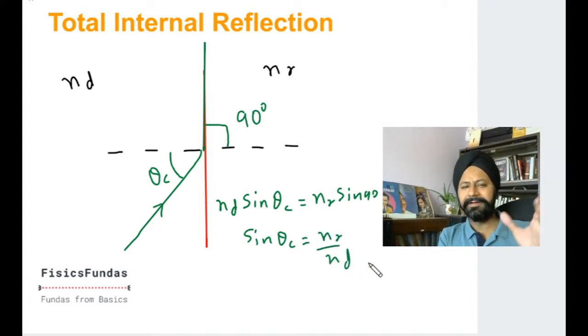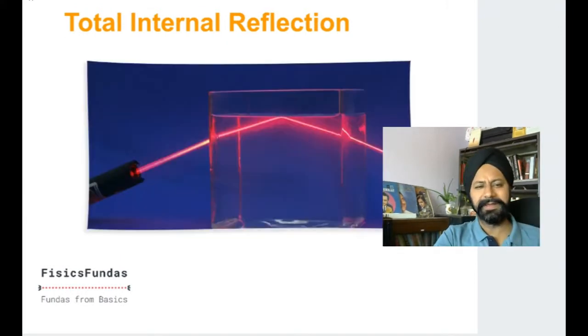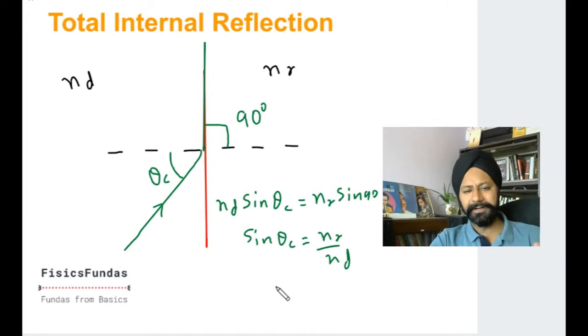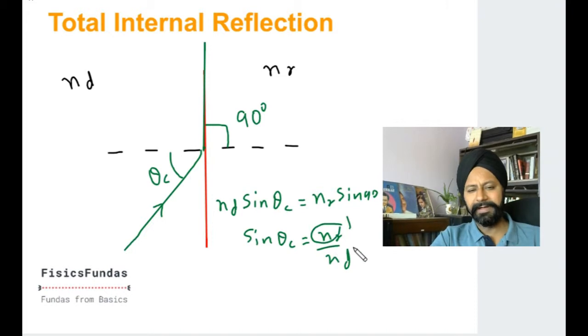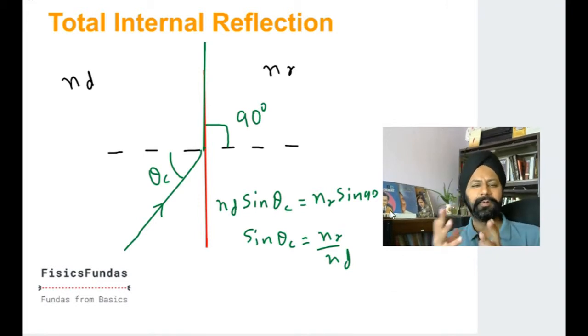Now, obviously, if r is sometimes air, like you can see in the case of air and water, the critical angle for the water-air combination, you would plug in 1 here and 4 by 3 here and do the calculation and you get the values. So this is how you calculate the critical angle.